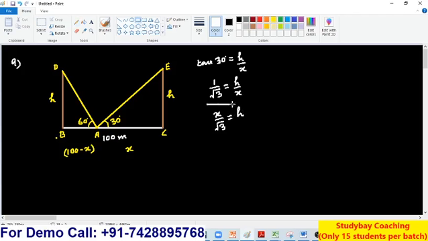Now let's consider that this is the first equation. Now about the next angle, tan 60 degree is equal to h upon 100 minus x. Now tan 60 degrees is root 3. This is equal to h upon 100 minus x.